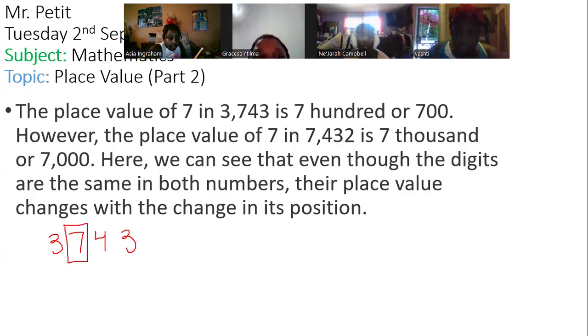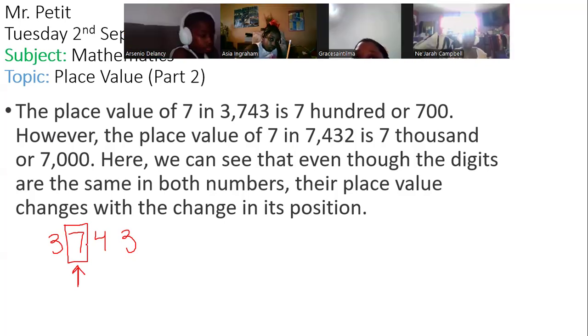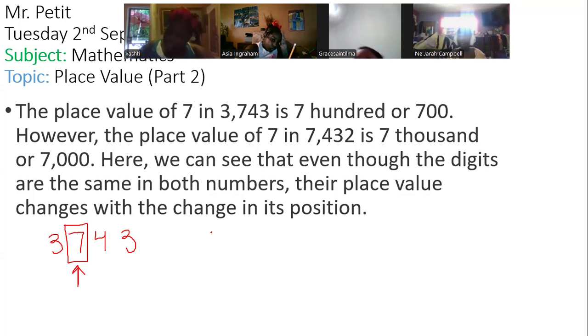Very good. Najara, what is the place value of 7 in this number? 700. Very good. And Vashti? 700. Very good.